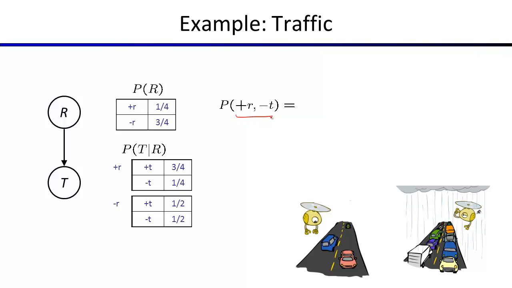So same thing here. This would be P(+r) times P(-t given +r). You'd grab this entry here, 1/4, times P(-t given +r), which is over here, also 1/4.